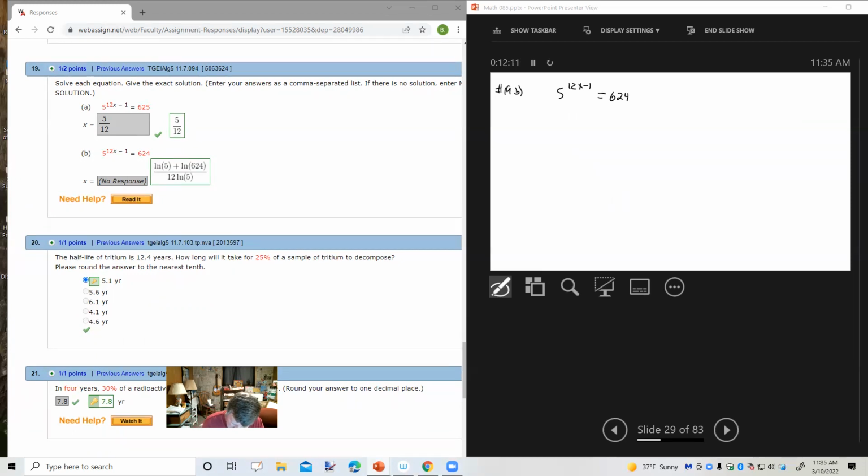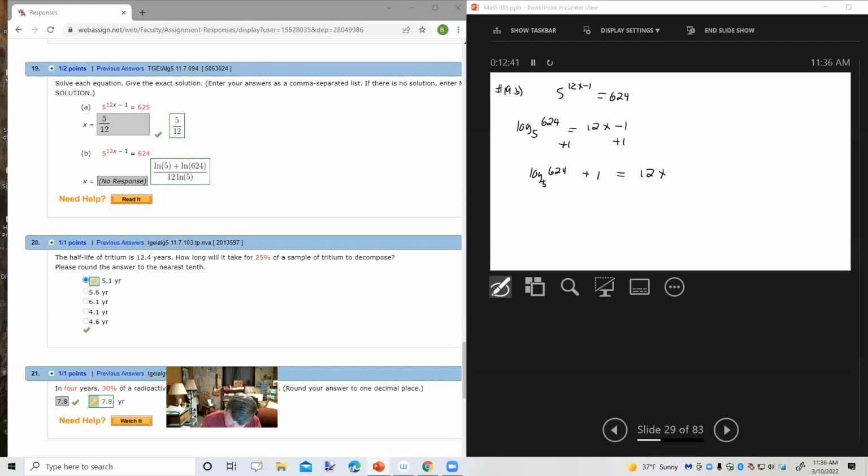So we're going to change this into logarithmic form, and we'll get log base 5 of 624 equals 12x minus 1. Okay. Let's see, we're trying to solve for x. So let's add 1 to both sides. We get log base 5 of 624 plus 1 equals 12x.